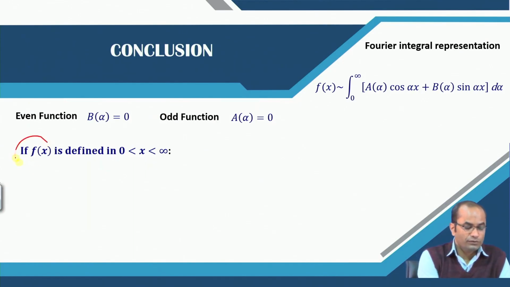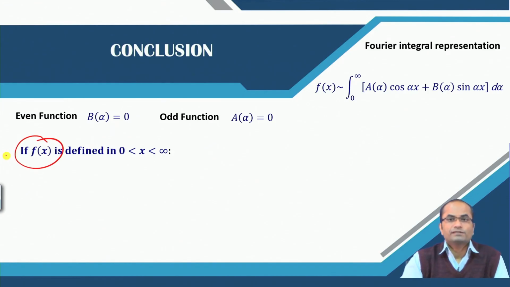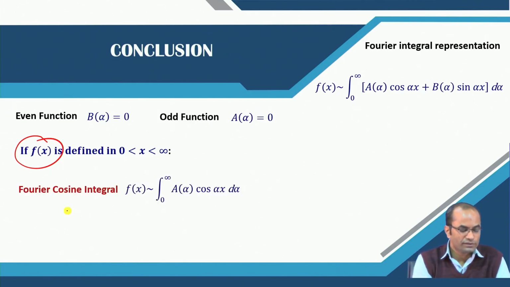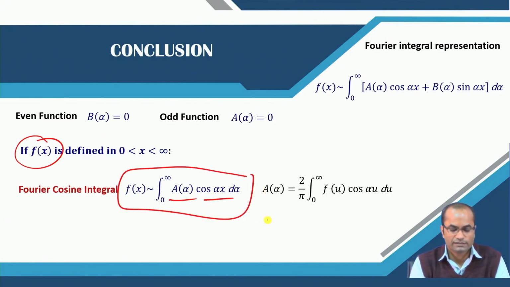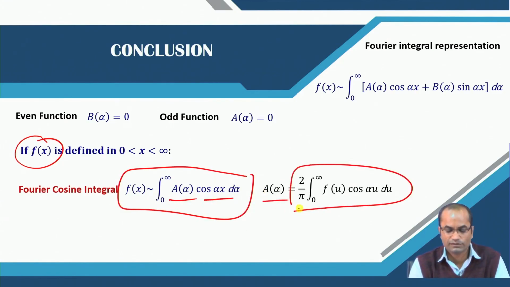So, if we want to write f(x) in terms of only the sine integral, we extend it as an odd extension, and if we want the cosine integral, we use an even extension. For the Fourier cosine integral, the formula finally becomes a(alpha) cos alpha x, where a(alpha) can be computed with a rather simple integral.